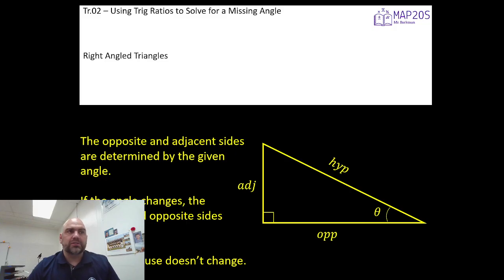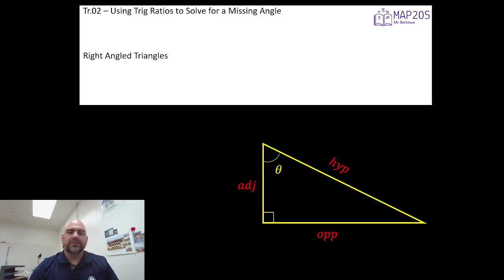That part doesn't change. But the opposite and adjacent sides are going to flip because now the adjacent side is the bottom because the angle is on the bottom. The opposite side is now on the side because it is away from the angle that's given. So it's important that we understand that and are able to label our triangles exactly like that. All right, let's flip it back to the way it was.